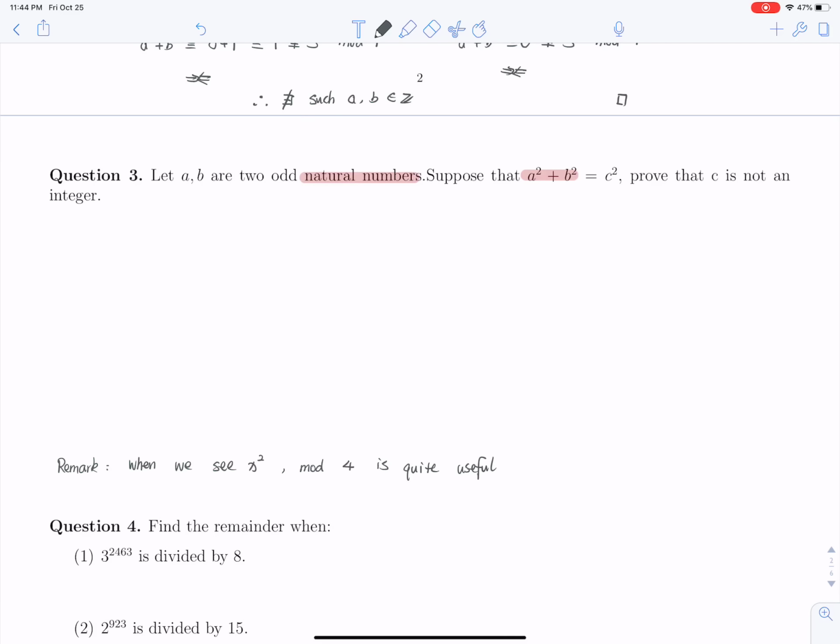And the second one, make sure you know how to prove the homework question.